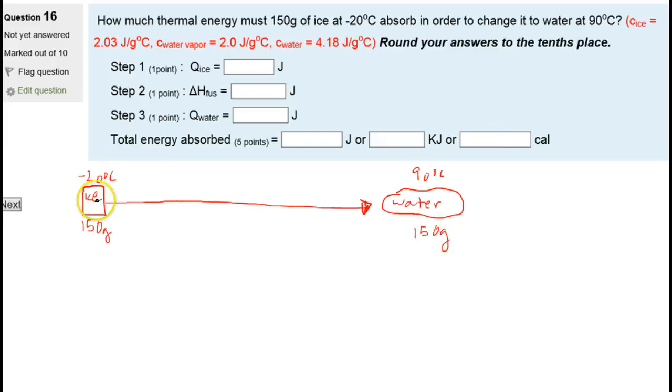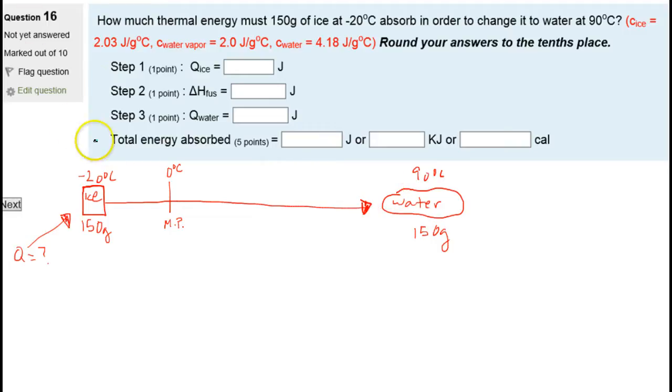So we've got a piece of ice, and this ice is going to absorb a certain amount of thermal energy, or Q, and that's what we're trying to figure out. This ice is going to eventually melt at 0 degrees Celsius, which is the melting point of ice. And then it's going to continue to heat up to 90 degrees Celsius.